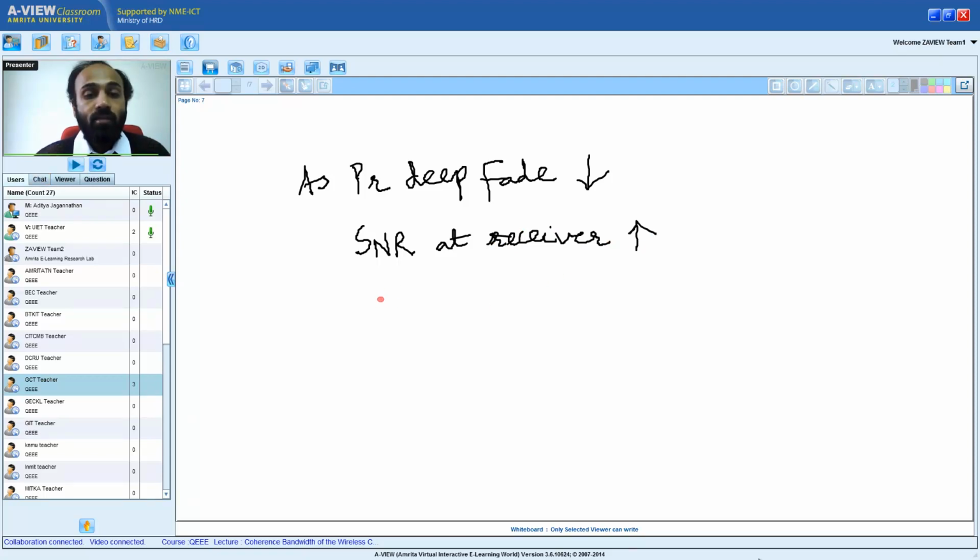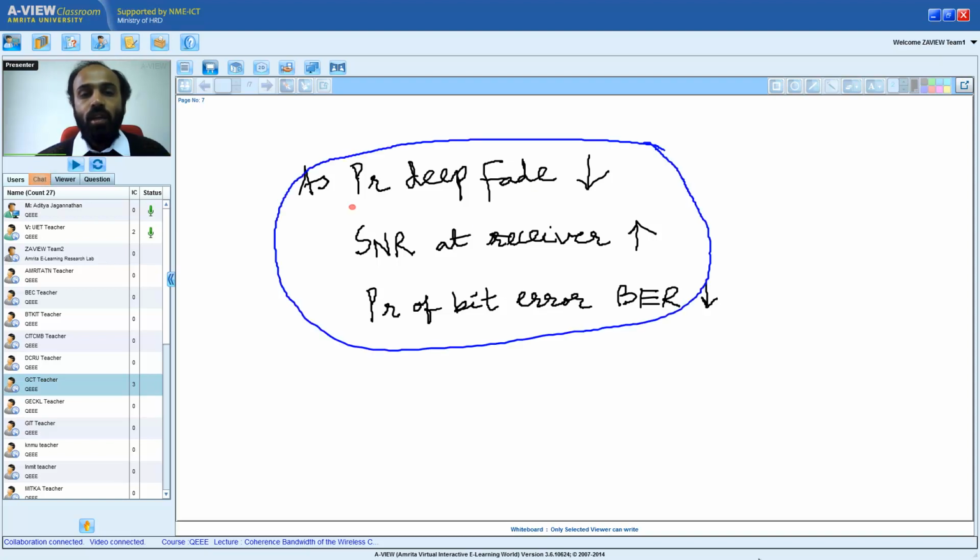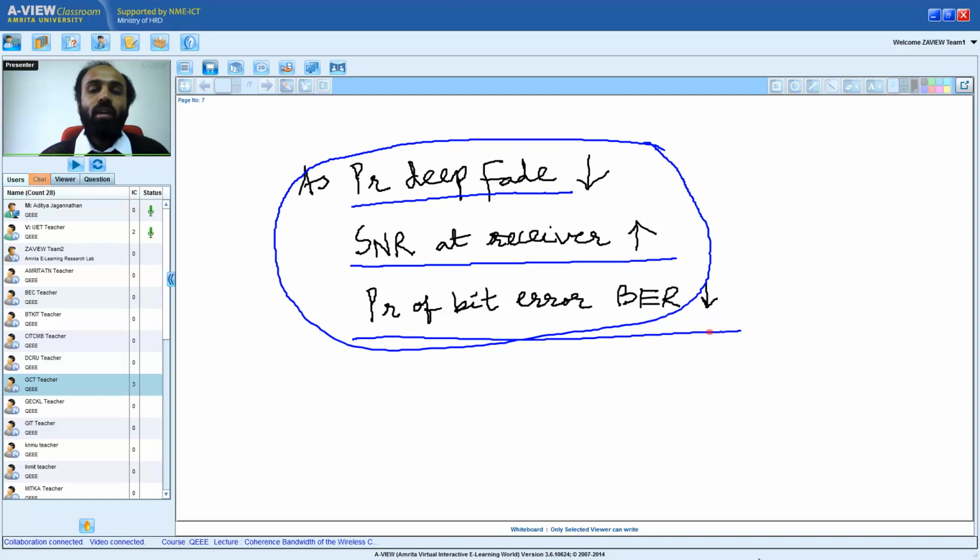If SNR at the receiver is improved, then automatically the probability of bit error, or basically my bit error rate, decreases. This is the aim of the wireless communication system. So the aim is to decrease the probability of deep fade, which implies that the SNR at the receiver improves, which in turn implies that the probability of bit error decreases.